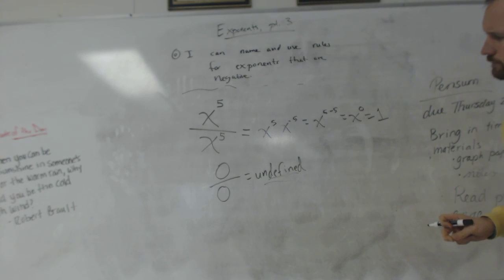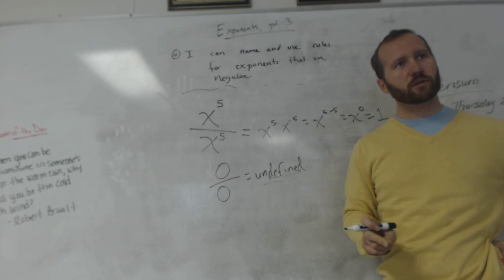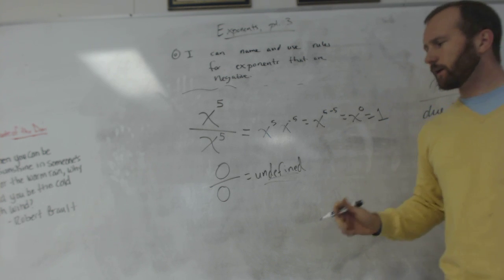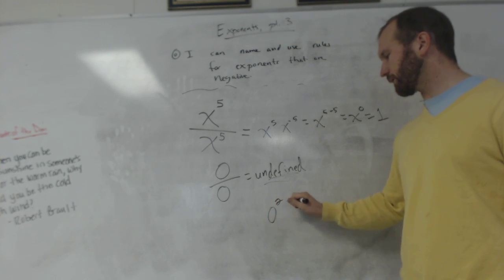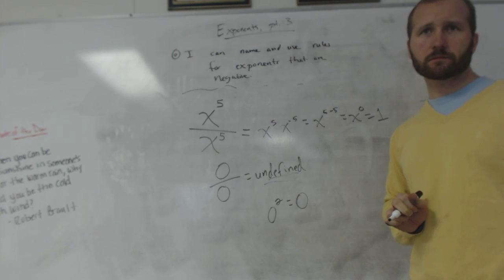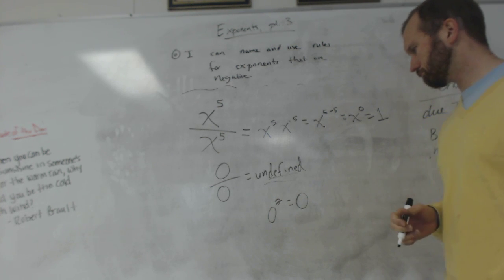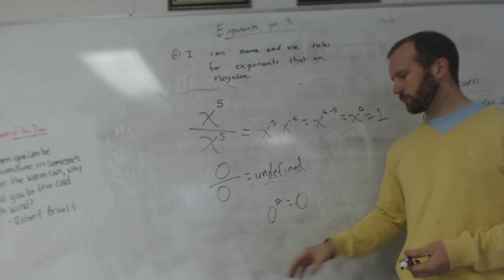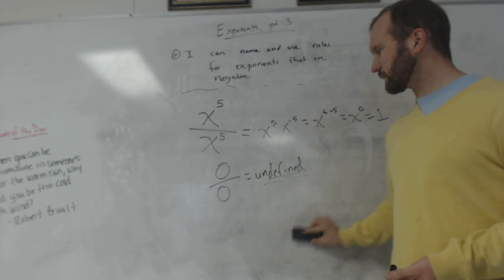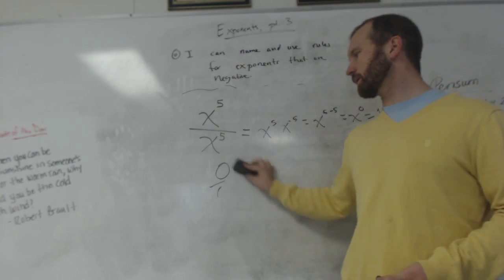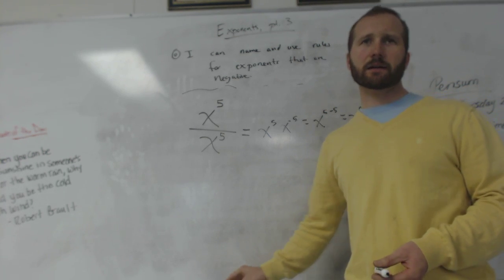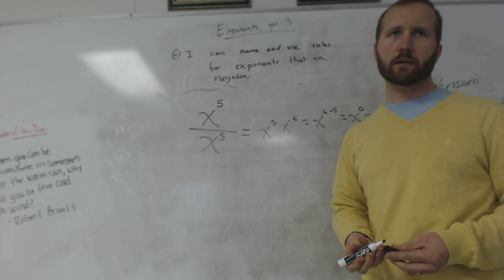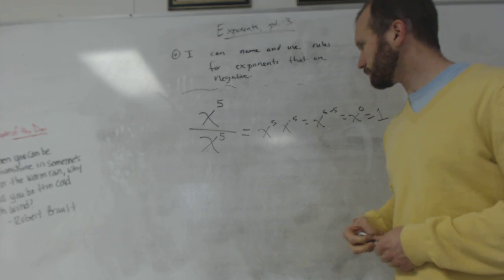So we will never talk about 0 as a base for an exponent. Now, 0 squared is obviously 0, 0 times 0 is 0, but we're going to avoid using 0 as one of our bases because it gets a little tricky with all of these rules.